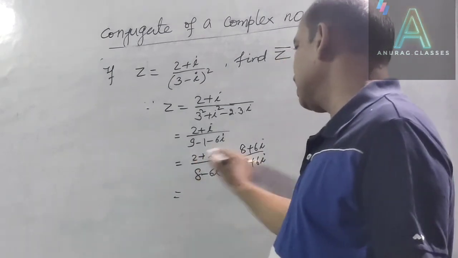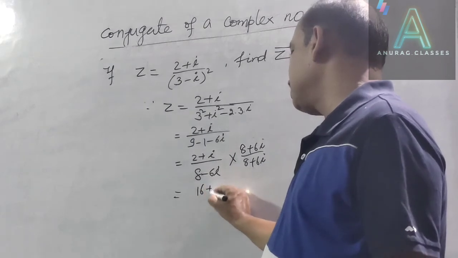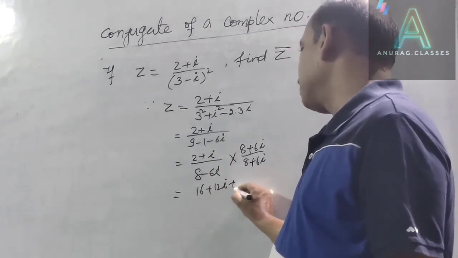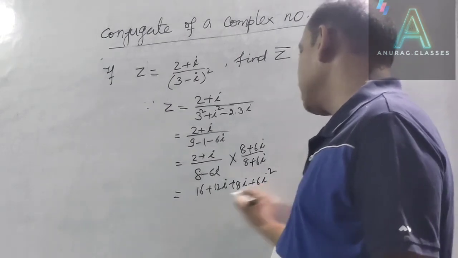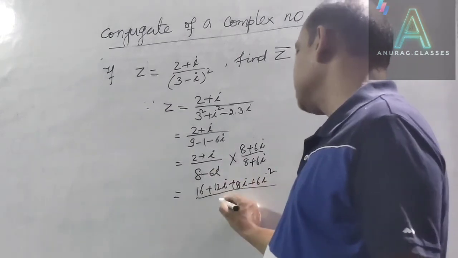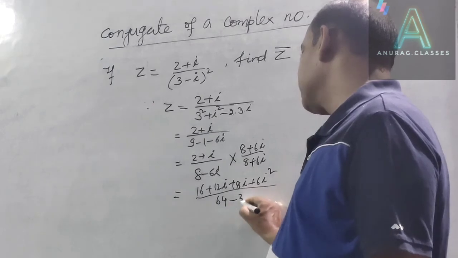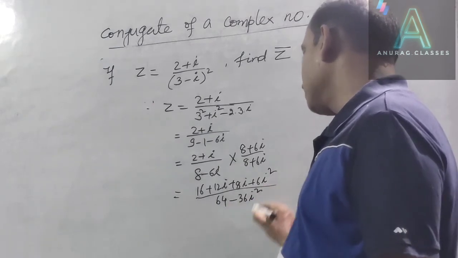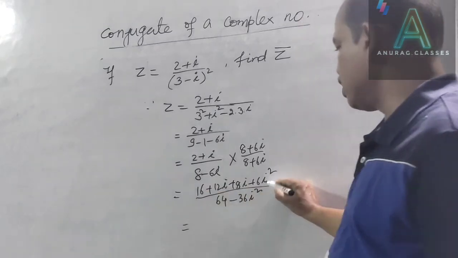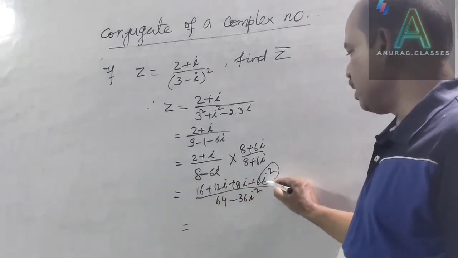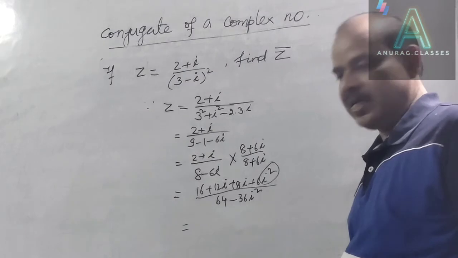So I am going to multiply 8 to the 16 plus 12 iota plus 8 iota plus 6 iota square, and in denominator it is 64 minus 36 iota square. In the next step, 16 and iota square is minus 1. So minus 1 into 6 will become minus 6.